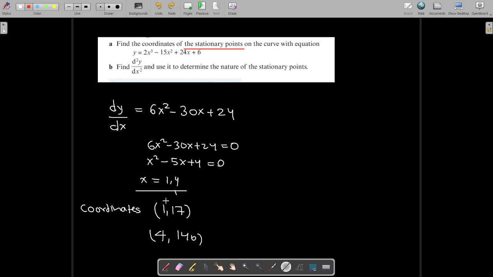Also, sir, I checked the fourth coordinate, that the y is not 140. It's -10. Let me see.